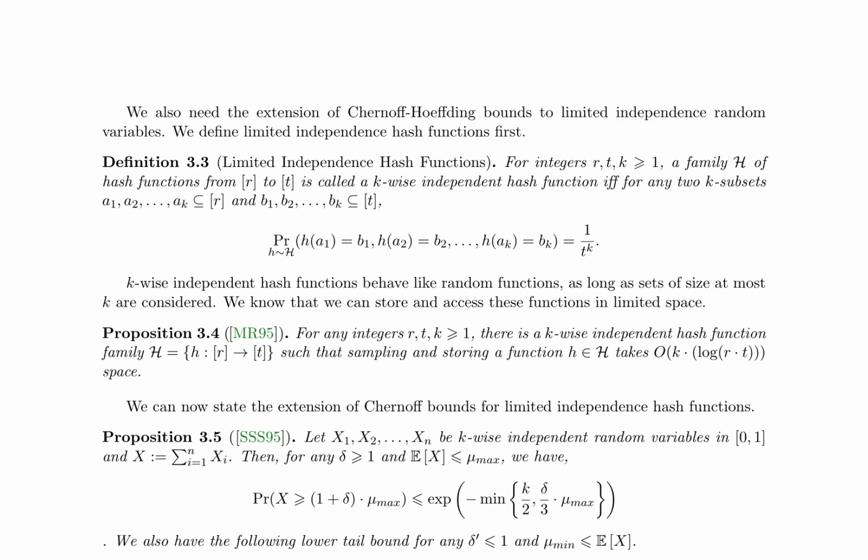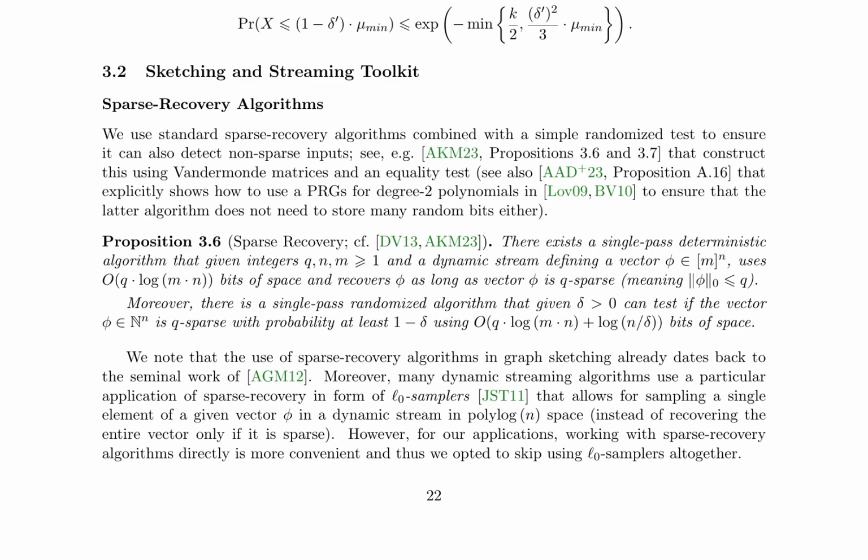This result enables the extension of Chernoff bounds for limited independence hash functions, as stated in Proposition 3.5. For k-wise independent random variables x1, x2, ..., xn ∈ {0,1}, and X = Σ_{i=1}^n x_i, we have Pr(X ≥ (1+δ)μ_max) ≤ exp(-min(k, δ²μ_max/3)), for any δ ≥ 1 and E[X] ≤ μ_max.